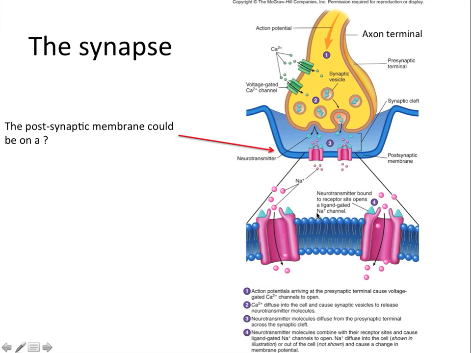In this case, it's stimulatory because it's sodium. And so that will flow through down into, once again, it could be another neuron, it could be a muscle, it could be a gland, and it will stimulate that neuron, muscle, or gland. So that's how neurons talk to their target structures.